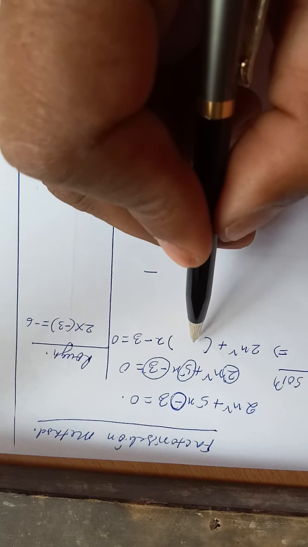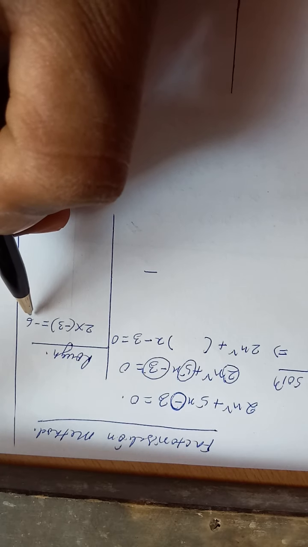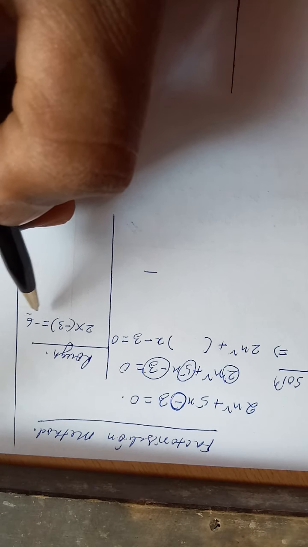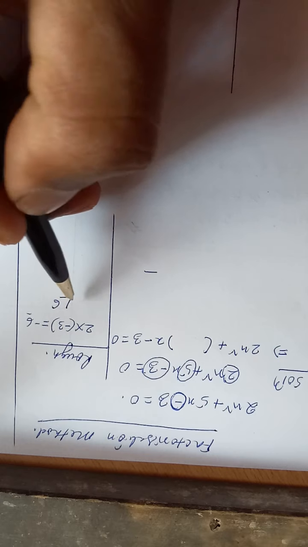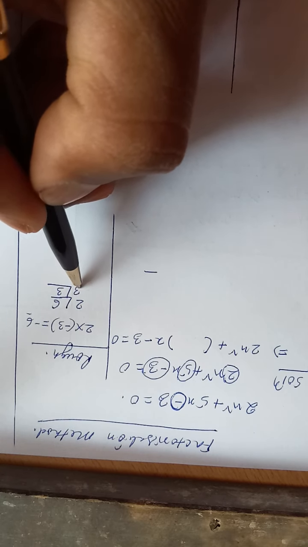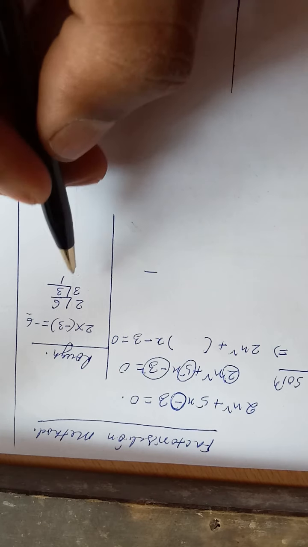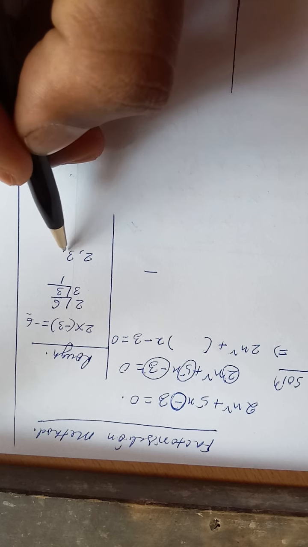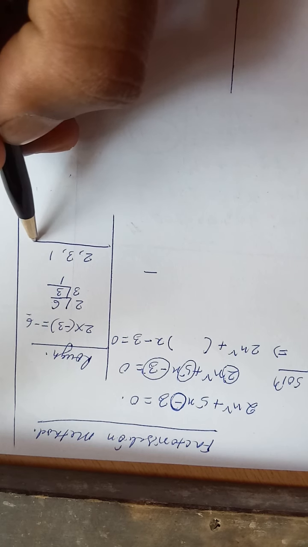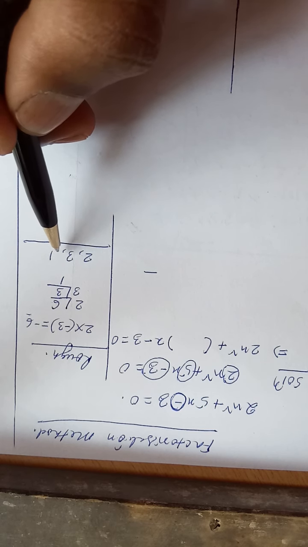Now to get the numbers, first of all we have to find the prime factorization of 6, that is divisible by 2 one time. Again this 3 is divisible by 3 one time. So the prime factors of 6 are 2, 3 and 1. We have to find the numbers from these three factors.